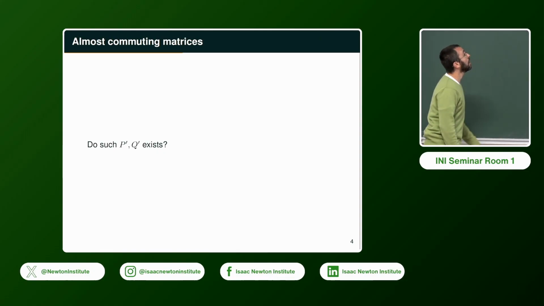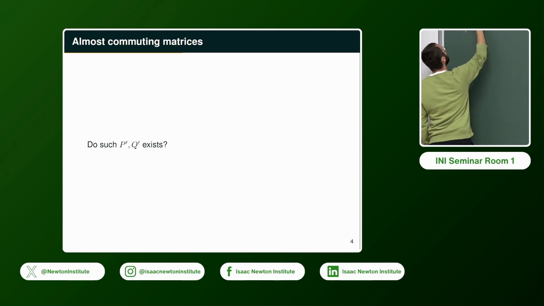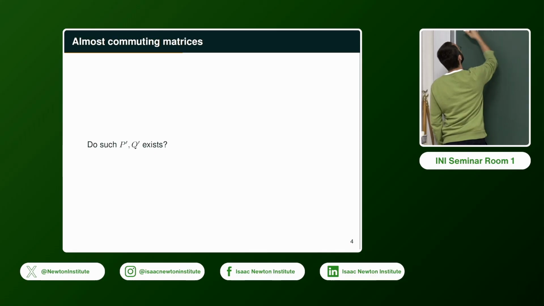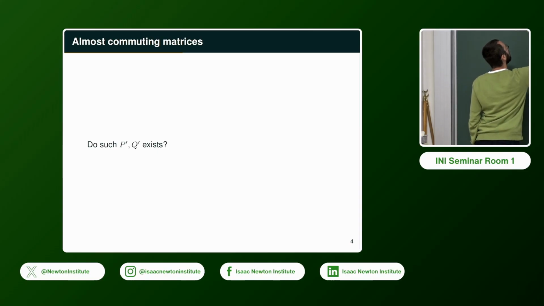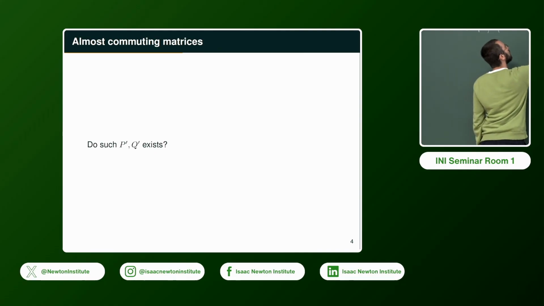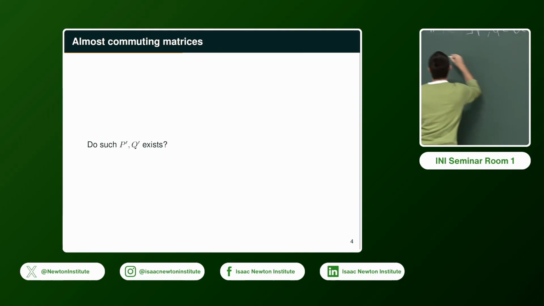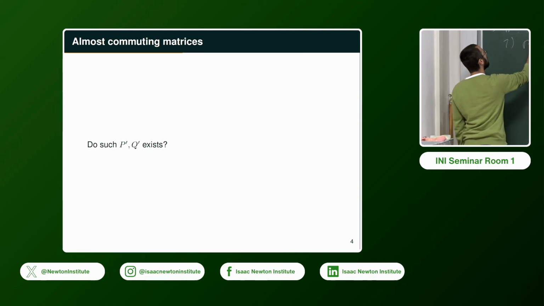So now, according to what we just saw, suppose there exist some p prime, q prime in U_n such that two things occur. One, these actually do commute.